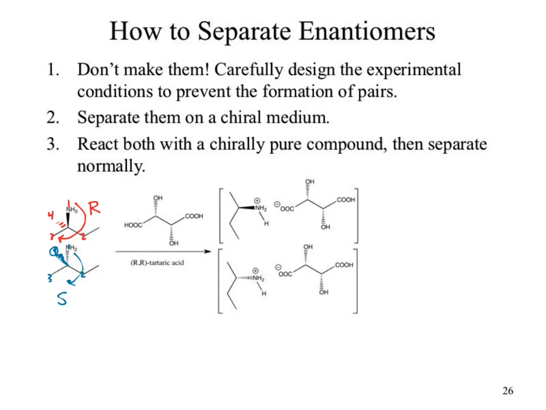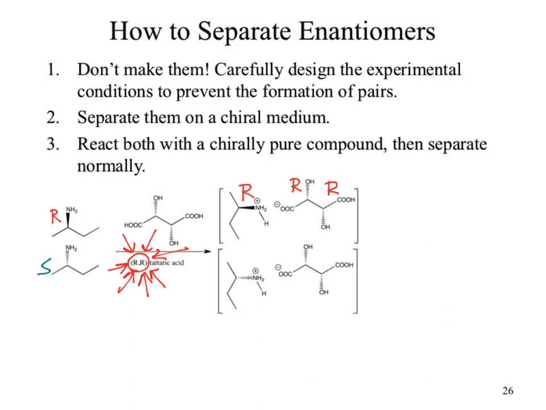Why would that help me separate them? What salt did I make? What is the relationship between... This one's R. This one was S. If we go through and look at our products, we have R. What did the tartaric acid bring in?